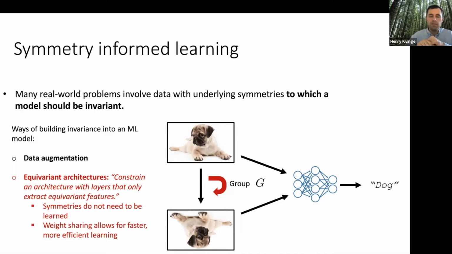The other method of doing this is to use something called equivariant architectures. This is, except for one critical example I'll talk about later, which everyone knows, not as well known, but certainly something that's gaining a lot of popularity in the community. So the basic idea here is you constrain each of your layers, and remember you have many layers in the network, to be equivariant to the symmetries you care about.